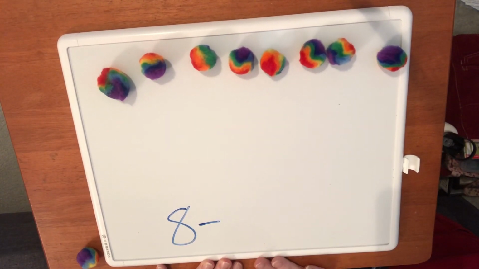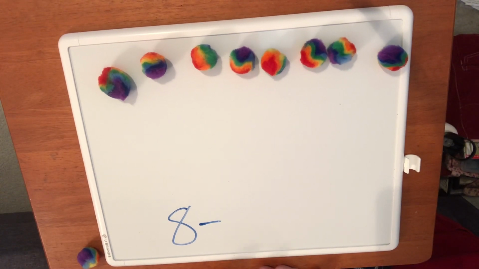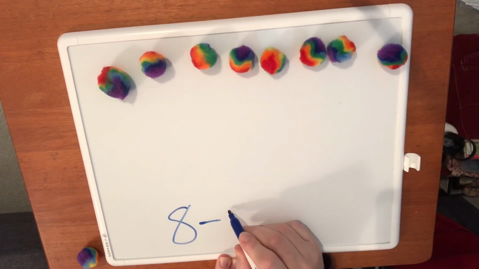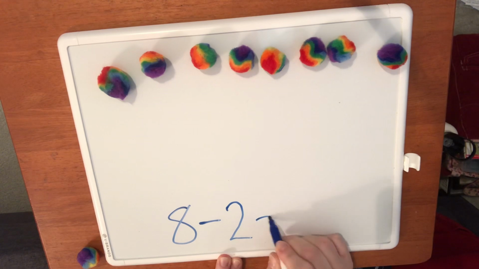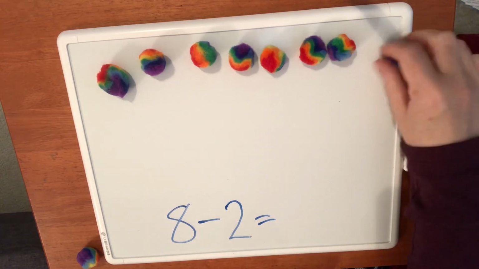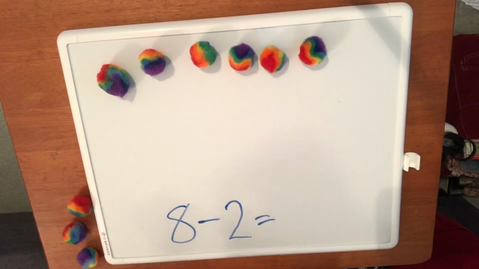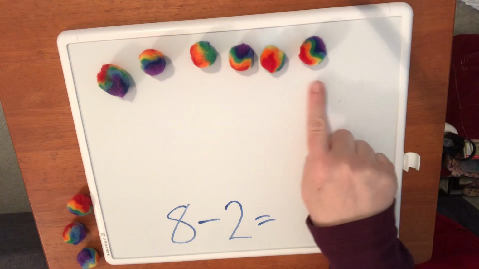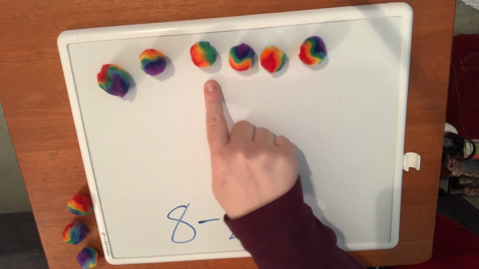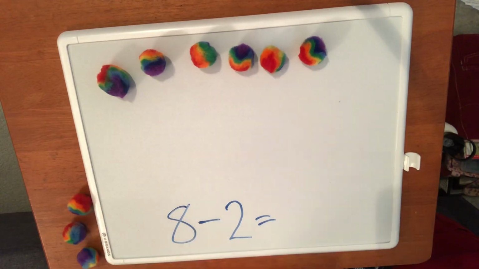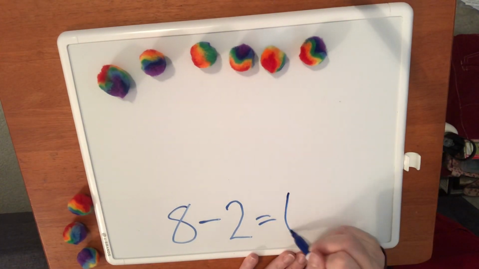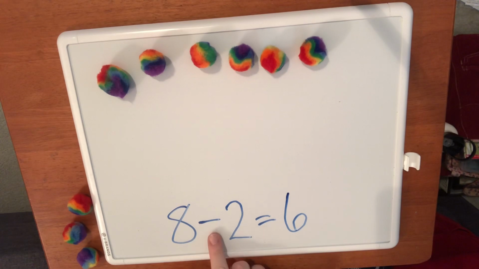And I'm going to give 2 to Olivia. I'm going to give Olivia 2 of my cotton candies. How many cotton candies do I have left? Let's count. 1, 2, 3, 4, 5, 6. I have 6 cotton candies left because 8 take away 2 equals 6.